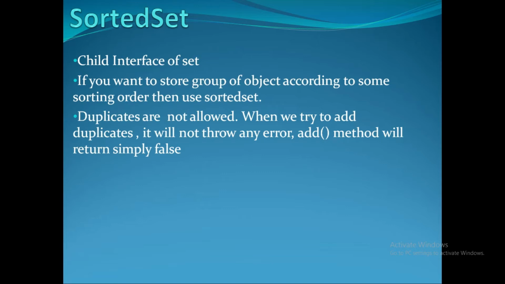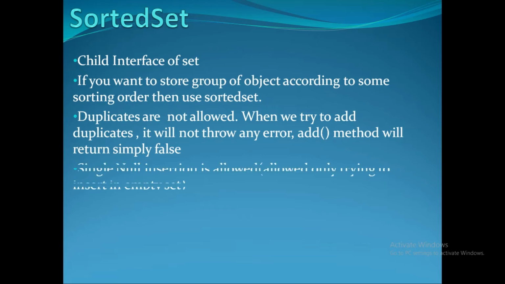Is a single null allowed? Yes, but in a hash set or linked hash set, we can insert the null at any time: at the start, at the end, or in the middle of the insertion operation, but only once. In a sorted set, we can insert the null only at the beginning, meaning in an empty set.